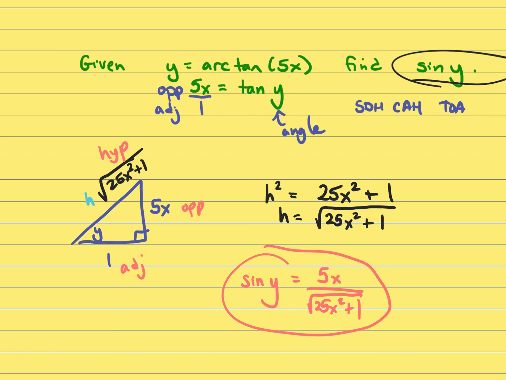So the sine of y, based on this simple fact that the arctan of 5x is equal to y, is this expression here. We'll practice this a lot more when we do some of these derivatives, but practice a couple of these today. And hopefully we remember a lot of this stuff, but I know it is kind of a difficult topic.